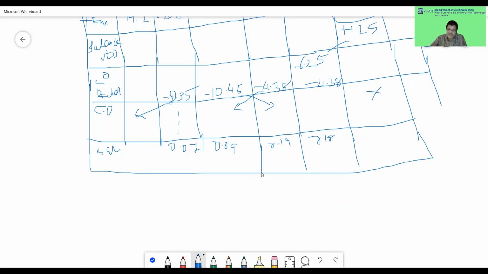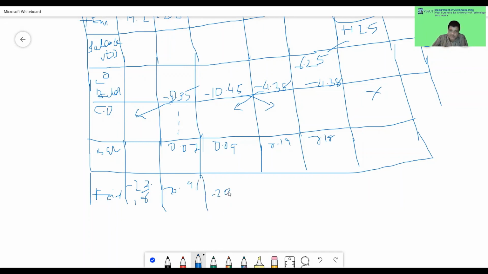Now the final values we have to calculate. The final value comes here as minus 23.18, minus 23.18, and this value comes as 20.91, 20.91, and this value will be minus 20.91.